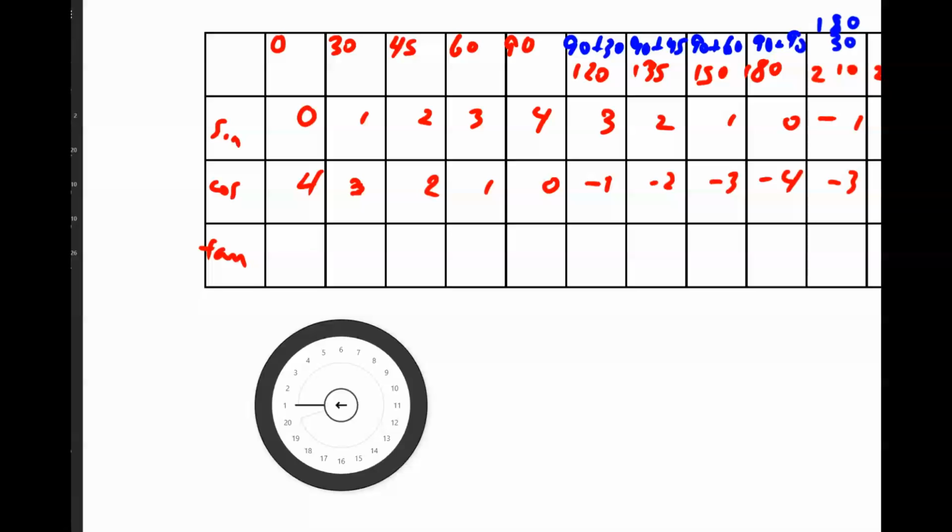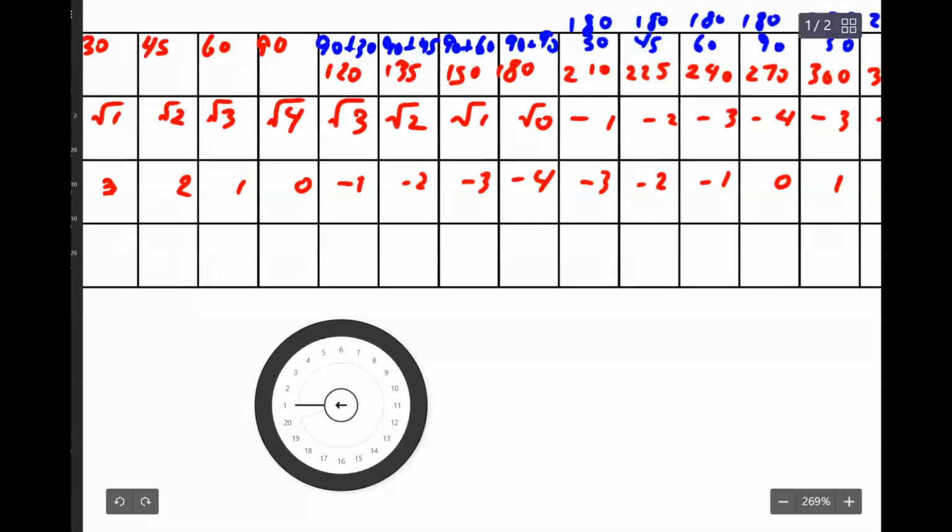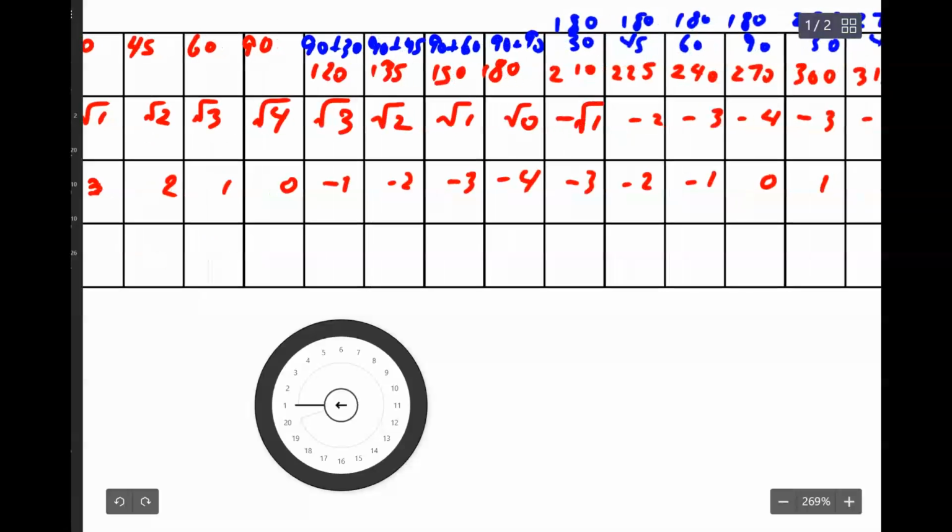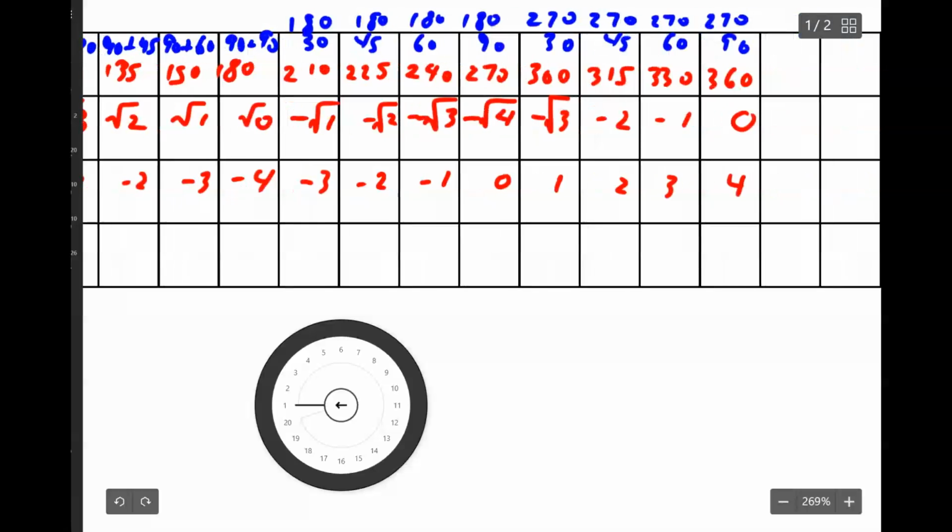So remember that we're going to put a square root over every single one of these numbers, and that part of the procedure does not change, except when you get to the negative 1, make sure you put the square root between the negative sign and the number. Okay, so it doesn't go outside the negative sign. Remember, the square root of a negative number is an imaginary number, and we don't even do that in this class.